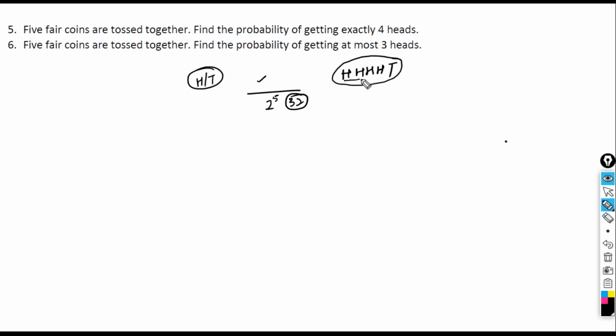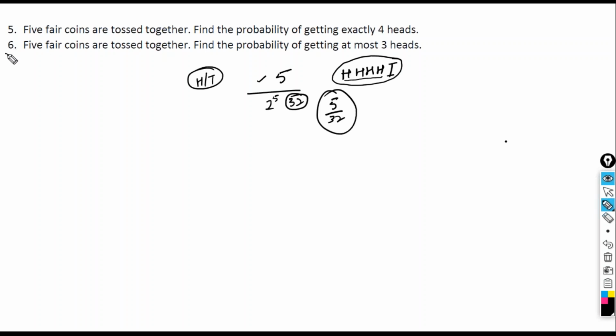Because these four are identical and this one is distinct, the number of ways of arranging them is only 5. So the required probability comes out to be 5 by 32. Is it clear, everyone? Any doubt in this? Tell me. Any student having any doubt?